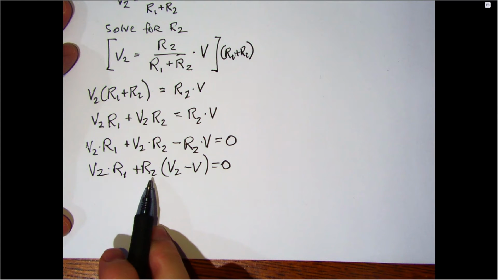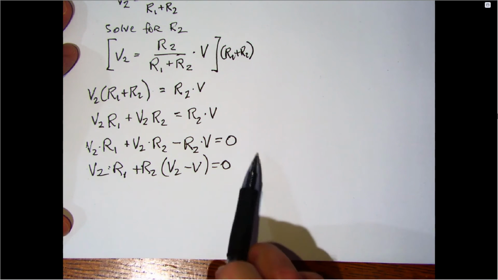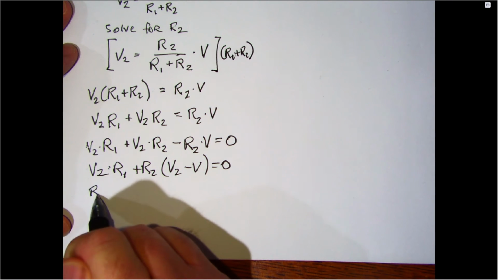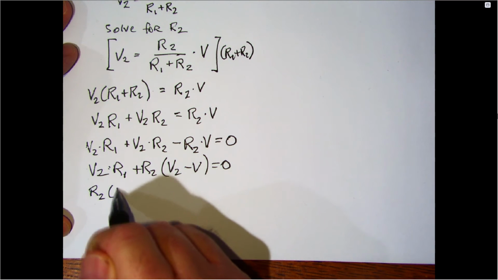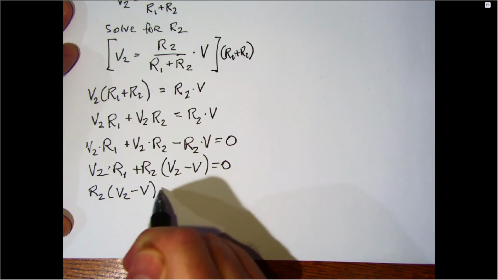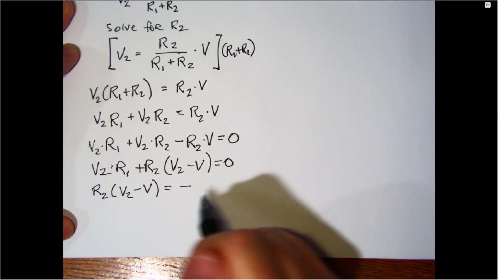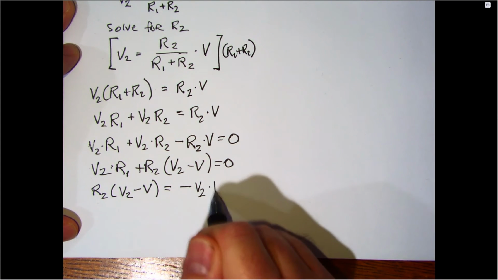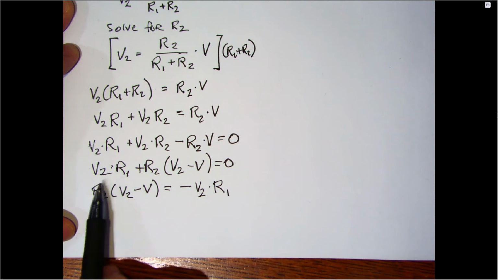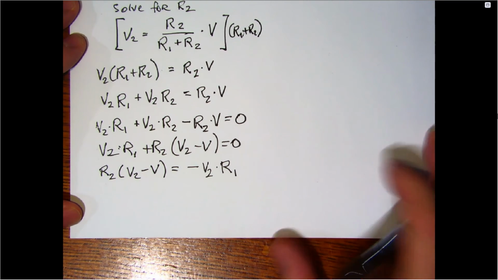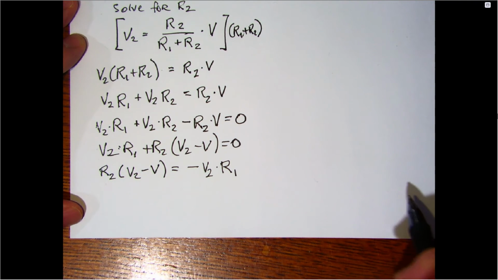I've got R2 identified. I need to isolate it. So I'm going to take this to the other side. R2 times V2 minus V is equal to minus V2 times R1, because I have to take that to the other side, so it becomes negative. So I think I'm there.